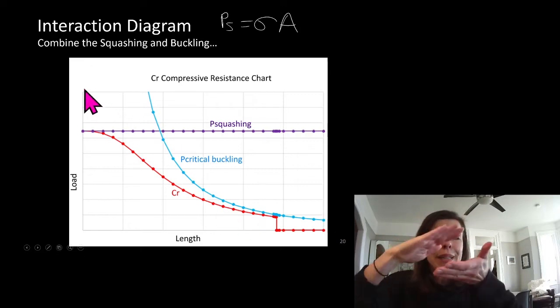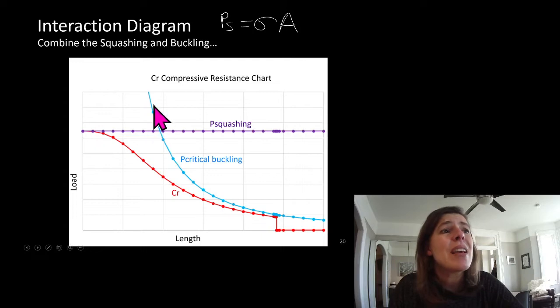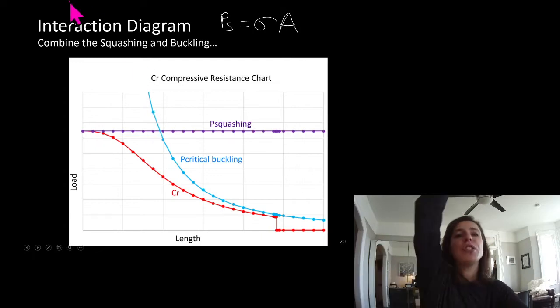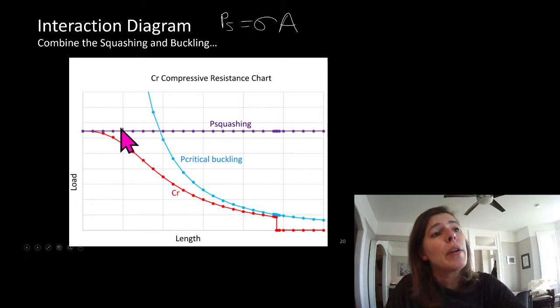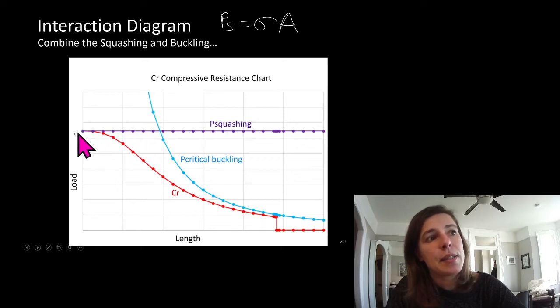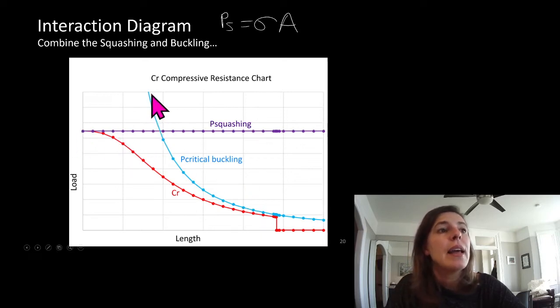When it's really, really short, the critical buckling load is off the chart. It's almost infinite. It could not buckle. So if it's short, it looks like P squashing governs it, because that's a limit. That's the maximum load it can take. And as it gets taller, buckling seems to be the limit on the object.